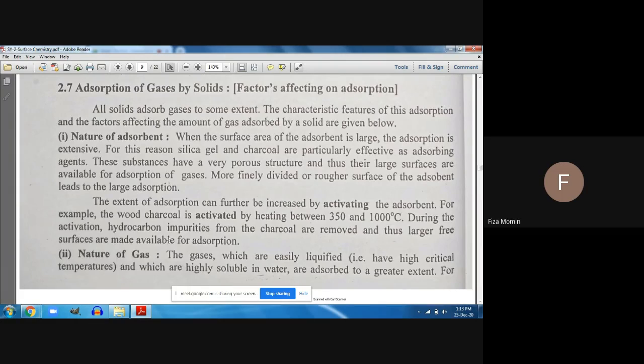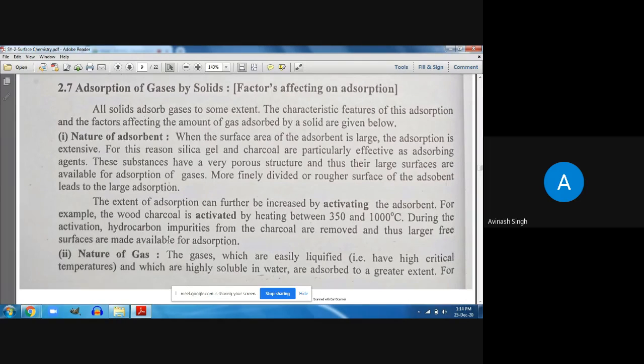Solid. So adsorption is adsorption of gas on solid, right? Yes. So nature of adsorbent. Adsorbent is the solid, and adsorbate is the gas. Now we'll talk about the nature of gas in the next point.